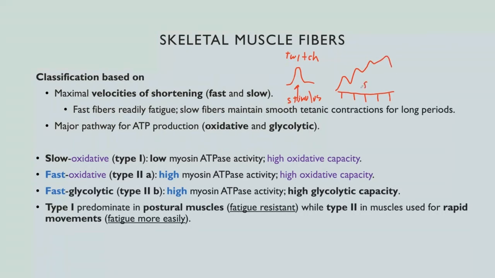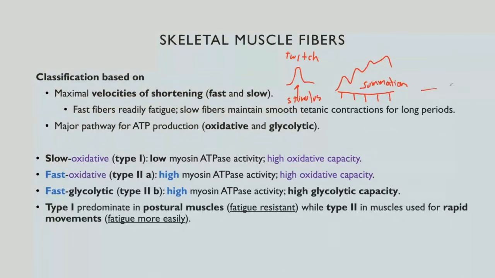That is called summation, exactly as the type of summation that we studied in the neuron. We add the effects of the different stimuli, so we obtain a larger one. But notice that the next contraction occurs before the first twitch actually ended.